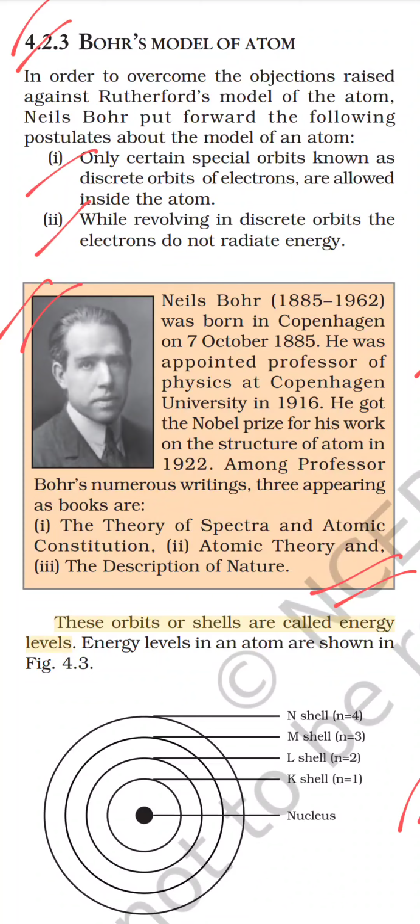First, only certain special orbits, known as discrete orbits of electrons, are allowed inside the atom. While revolving in discrete orbits, the electrons do not radiate energy.